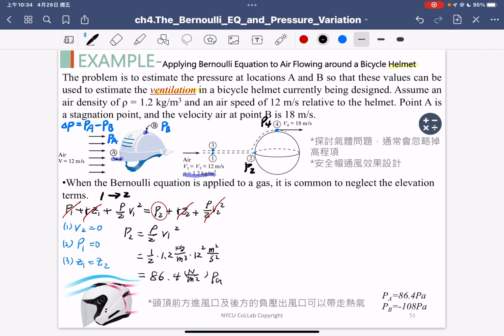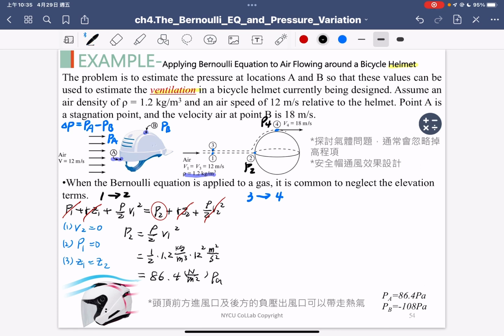So the P2 pressure is 86.4 Pa. So we move to the another streamline. Another streamline we have from point 3 to point 4. Okay, so it is another streamline.